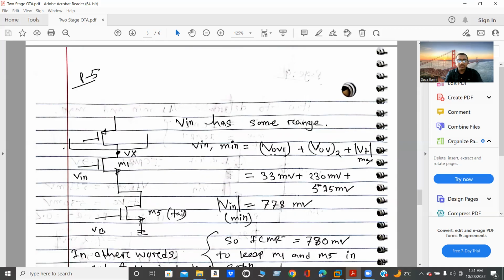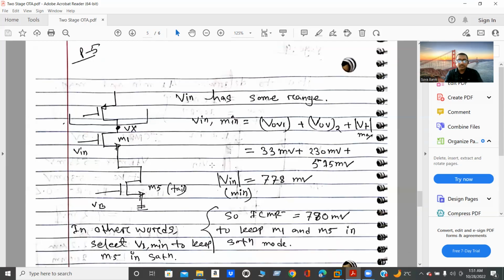VOV is nothing but VGS minus threshold voltage, VGS minus VTH, also called the overdrive voltage. When you do the DC simulation, you can find this voltage, and the same for M5. You can also see the threshold voltage for M1 and M5, and you should take the maximum threshold voltage. Let's say if M1 threshold voltage is 0.5 and M5 threshold voltage is 0.6, then you should take 0.6.